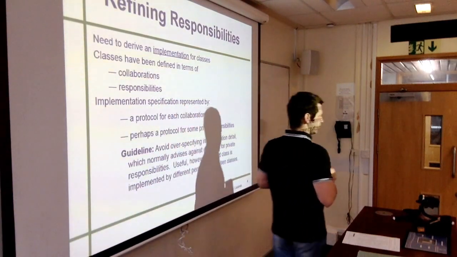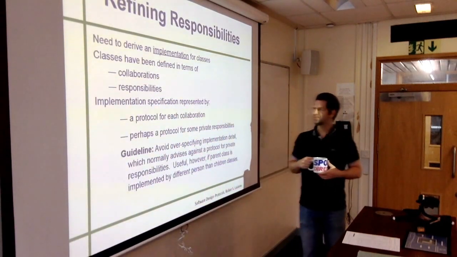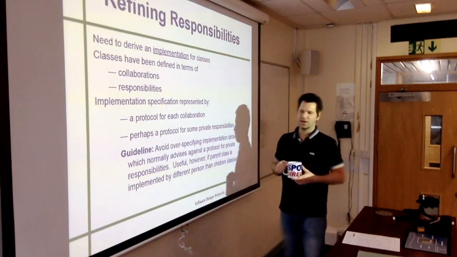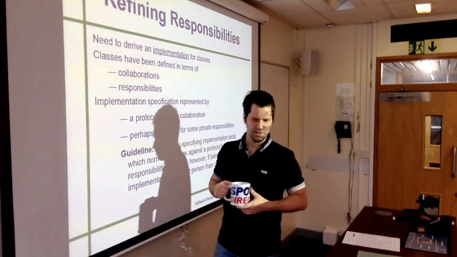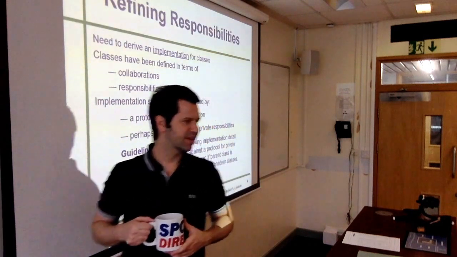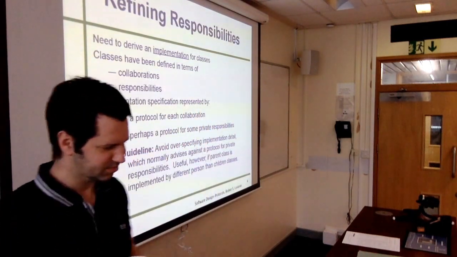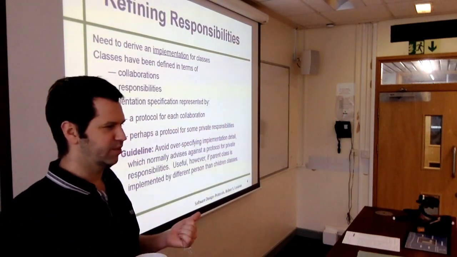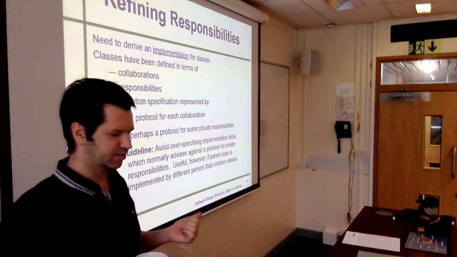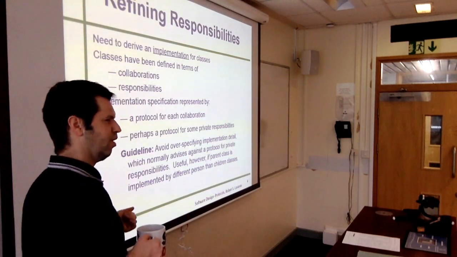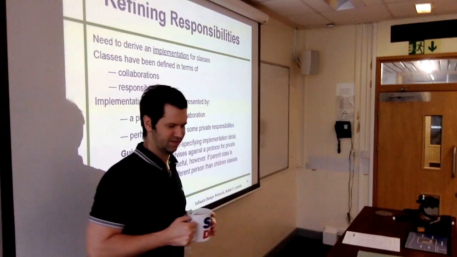So this is where we start the implementation, and this is how we start the implementation. So far, we have a set of classes that are defined in terms of their responsibilities and collaborations.